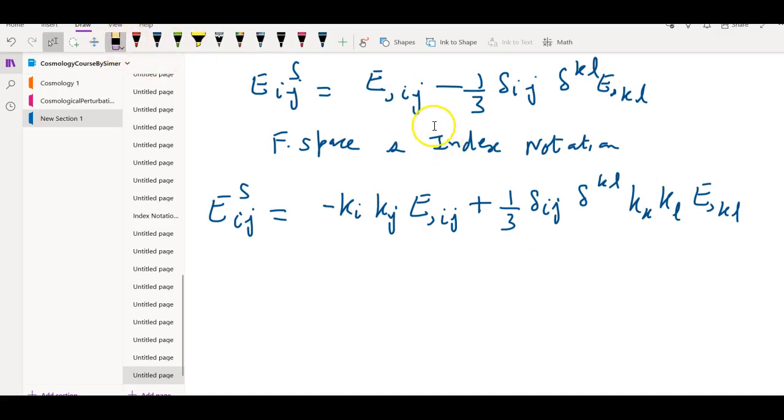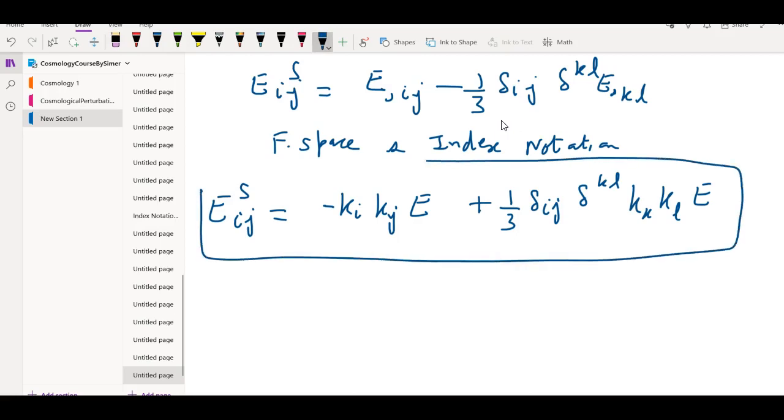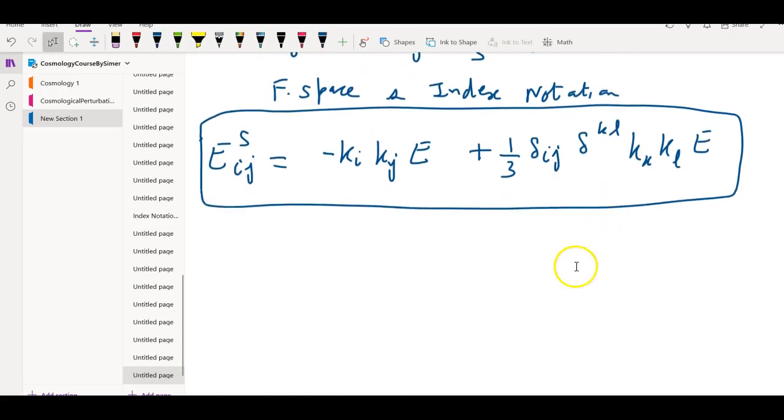Sorry, when we are differentiating this twice, this will not be here. Okay, so this is what we get in Fourier space and index notation.